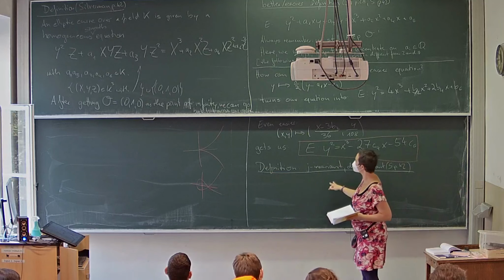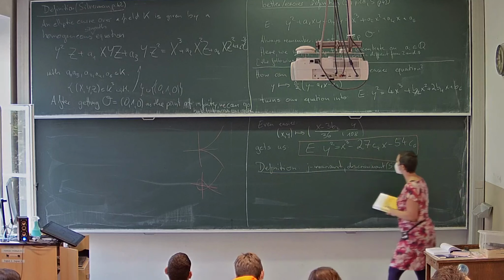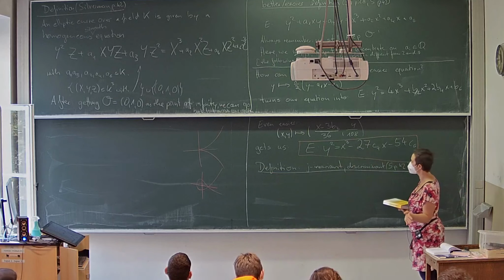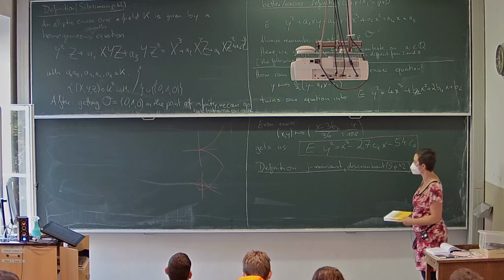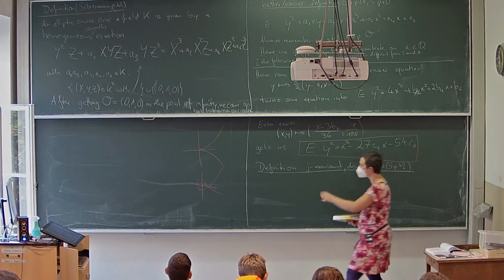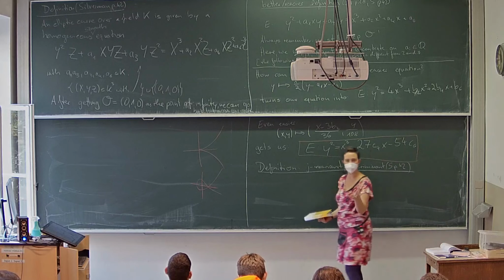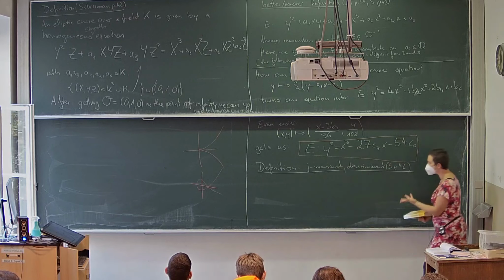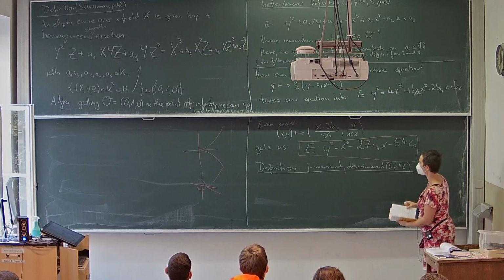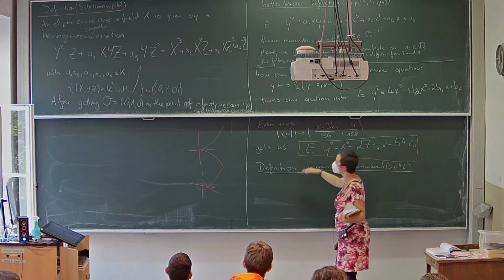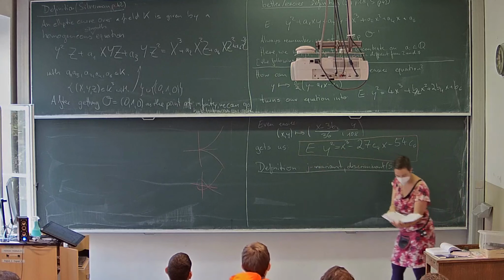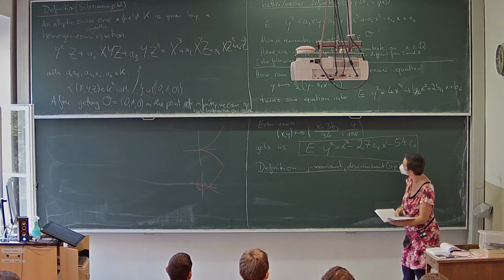At least in algebraic geometry, but maybe in math in general, we want to classify things. And we want to find something by which we can grab things. And the J invariant is such a thing. The J invariant can be defined for every elliptic curve, and as the name already says, it's an invariant.